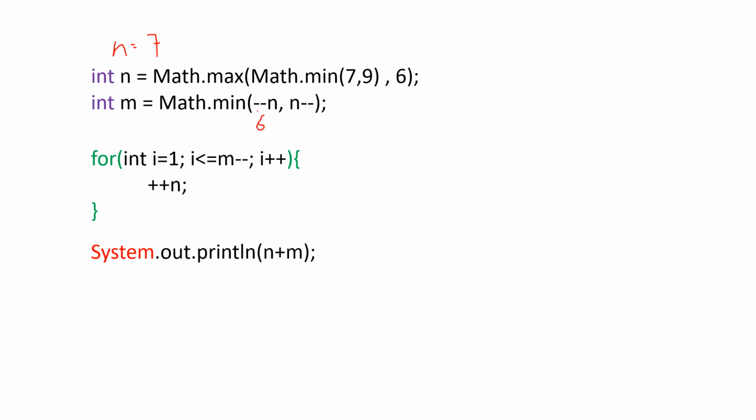On the next one it is n--, so the next time the n variable is called somewhere, its value will decrease, or we can say we'll see the decreased value. So over here it will be 6. So the value of m that we get should be equal to 6.